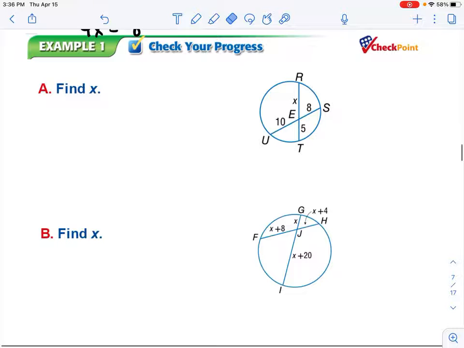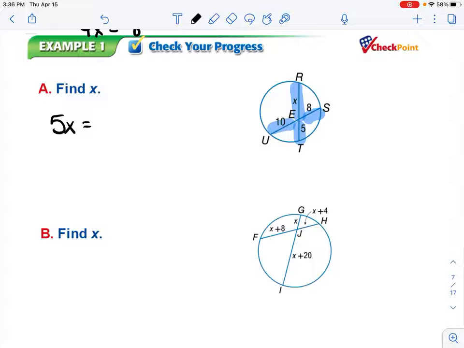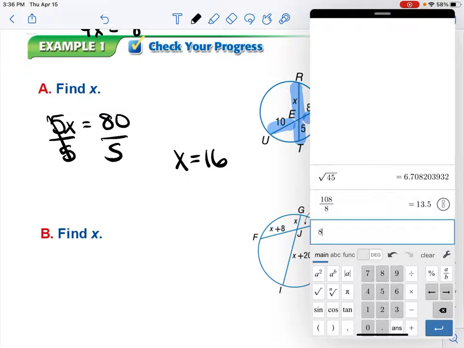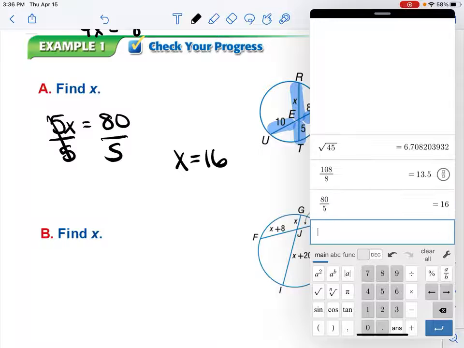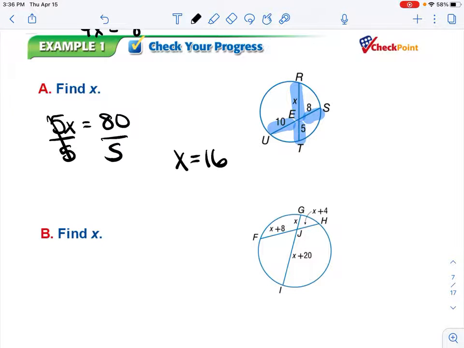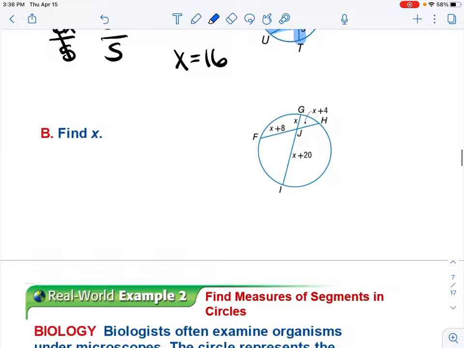All right, let's find x again. I'm going to go through these a little quicker because they're like the same problems. So we multiply our chord segments. We solve. We end up getting that x is equal to 16, I believe. Yep. For the next one, we multiply our chord segments again.